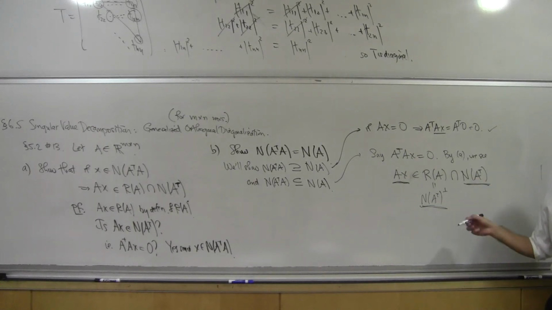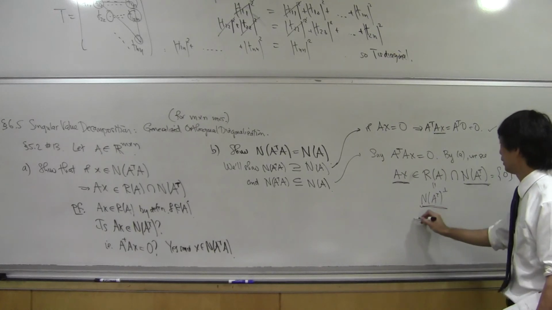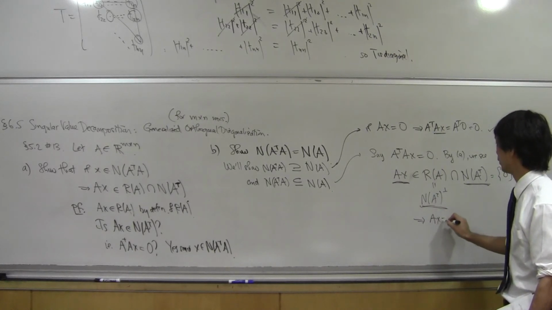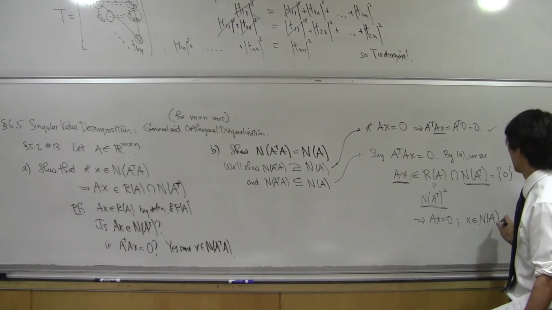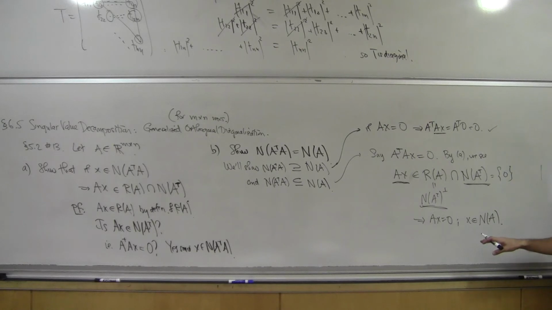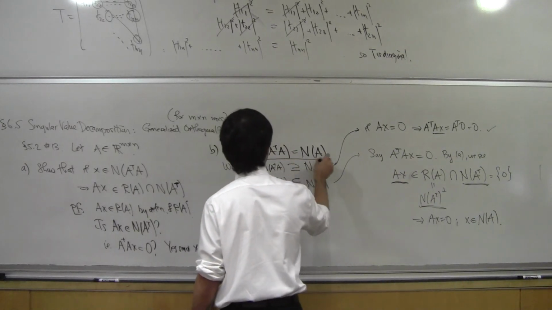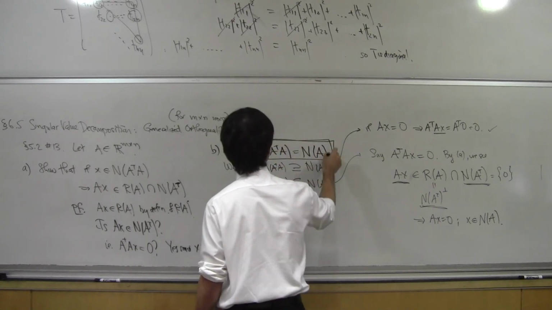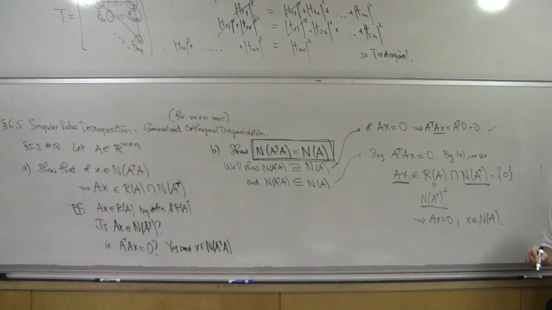It must be 0. So that tells you that Ax equals 0. In other words, x is in the null space of A. So being in the null space of ATA means that you're in the null space of A. So what we get is that the null space of ATA and the null space of A are the same.